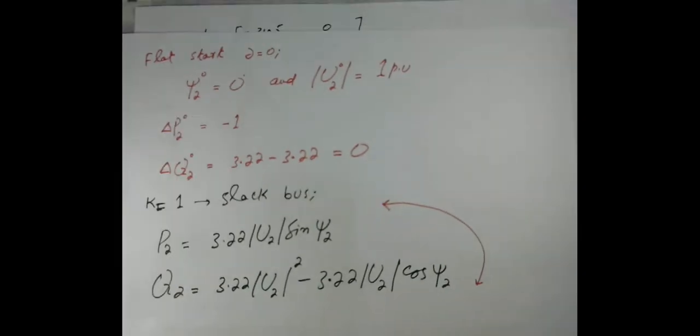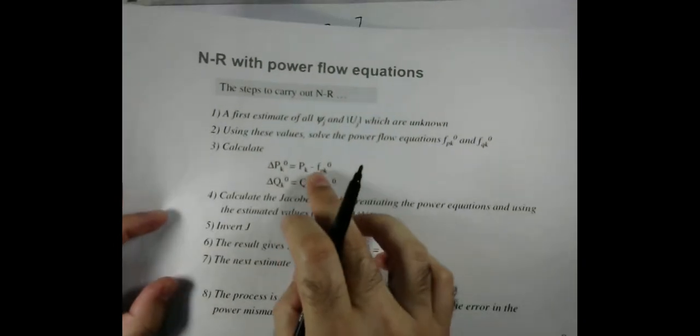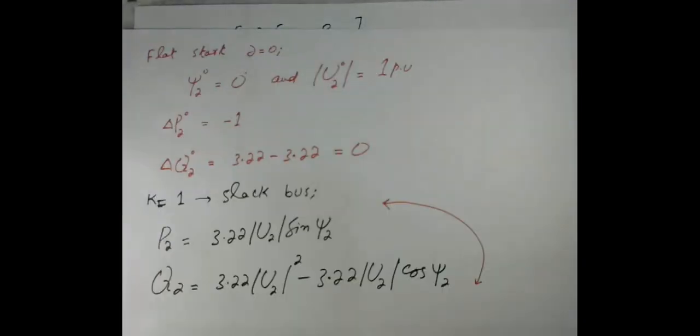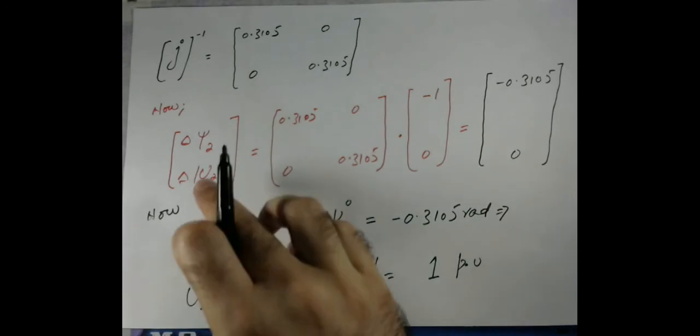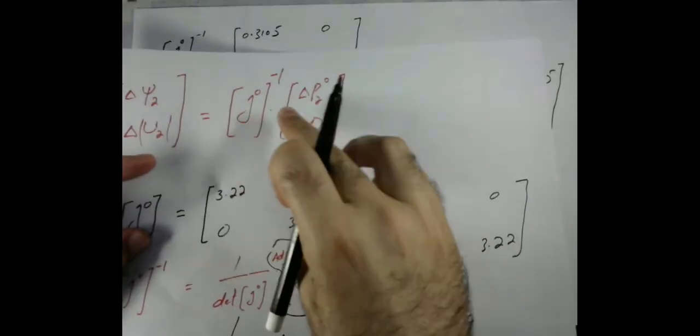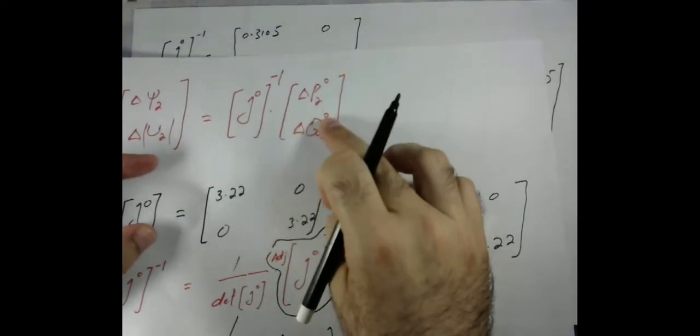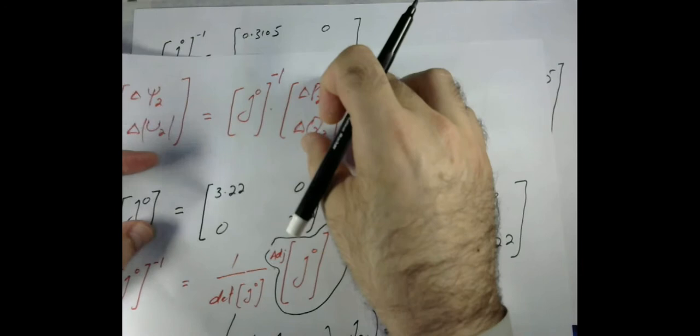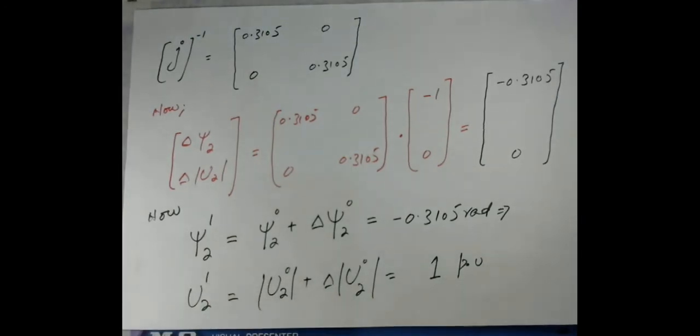As you remember, the steps are that first we have to calculate the error, because for calculating the errors we should know the Jacobian matrix as well as the power mismatch. So I will first calculate the power mismatch based now on these values, because initially we calculated the power mismatch.